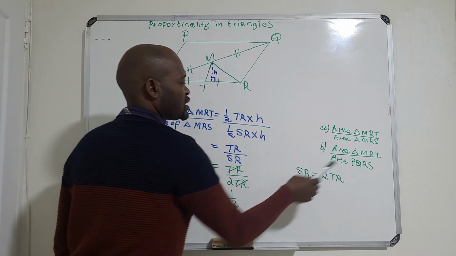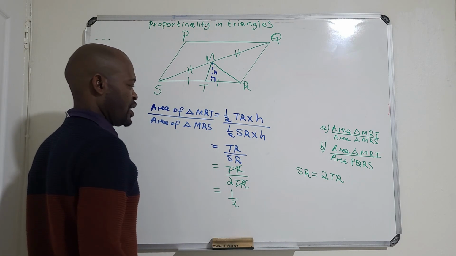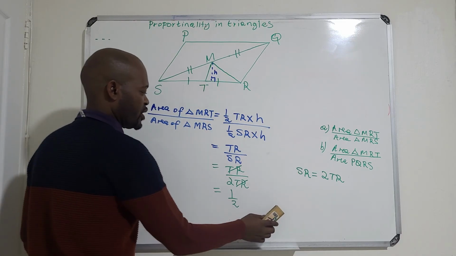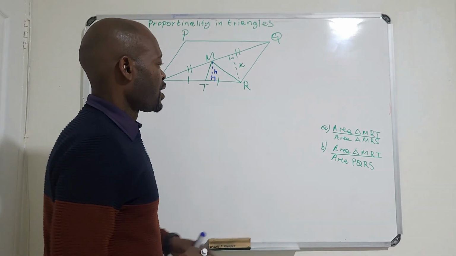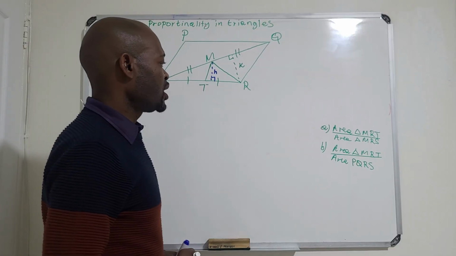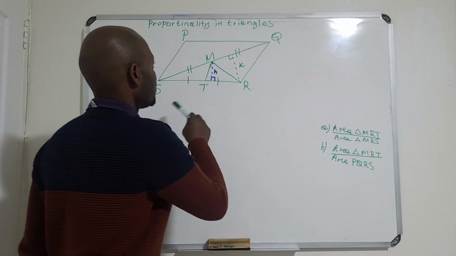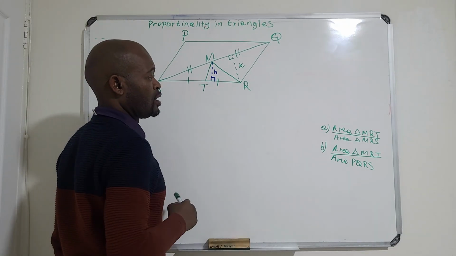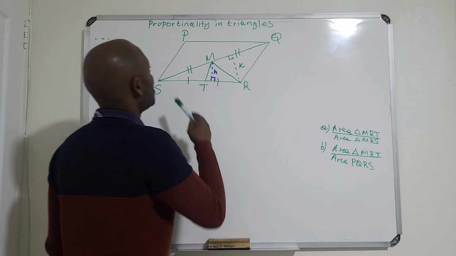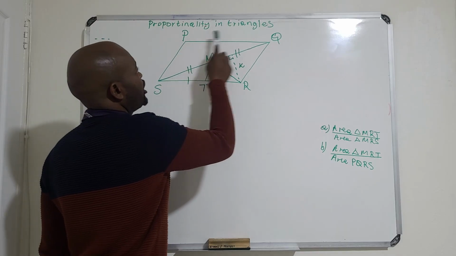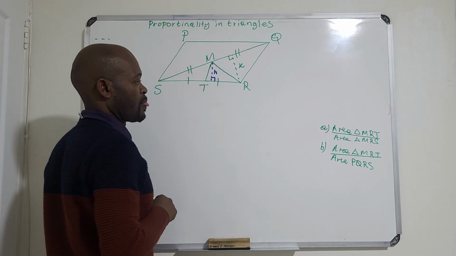That's what they want us to do there. Now, I'd like to erase here. Now, with B, we are told to find the area of triangle MRT over the area of the parallelogram PQRS.